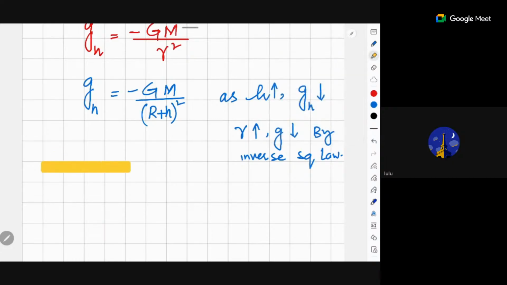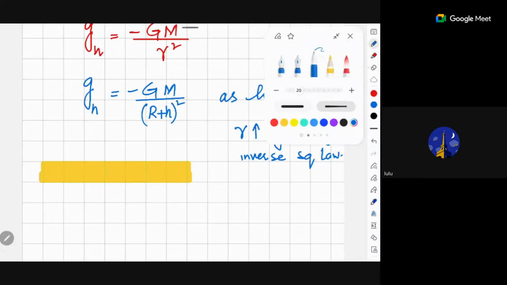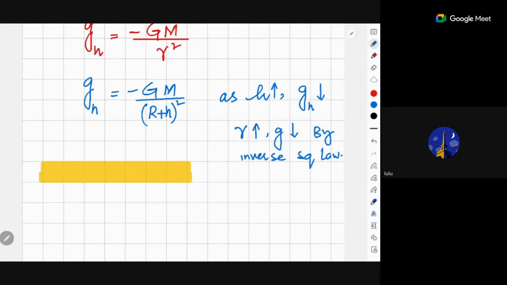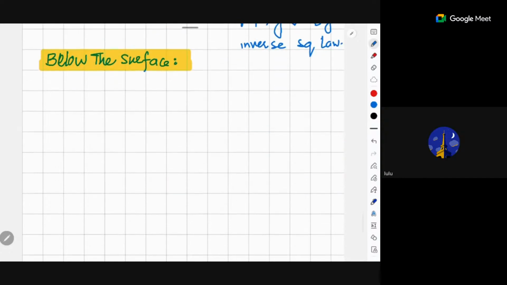I will consider that derivation for you if you just give me 5 more minutes. Below the surface. Okay, when I say that the value of g varies below the surface, I have to give you a diagram with a clear concept.